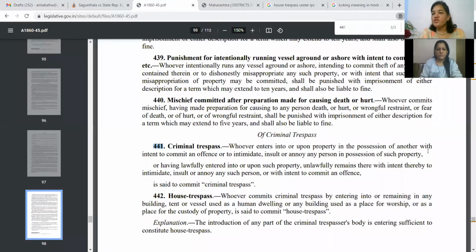Into or upon property in the possession of another person with intent to commit an offense और टू इंटिमिडेट, उनको धमकाना, इंसल्ट करना, अपमान करना, एनॉय करना, चिढ़ाना या किसी तरह से इरिटेट करना any person in possession of such property, जिनकी प्रॉपर्टी उनके पोजीशन में हो, और having lawfully entered into or upon, या फिर लॉफुली एंट्री किया, मेरे घर पर आए but unlawfully remains, मेरे मना करने के बावजूद आप वहां रह रहे हो, there with intent thereby to intimidate, insult or annoy any such person or with intent to commit an offense is said to commit a criminal trespass.